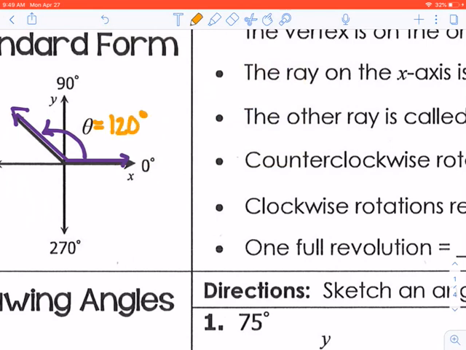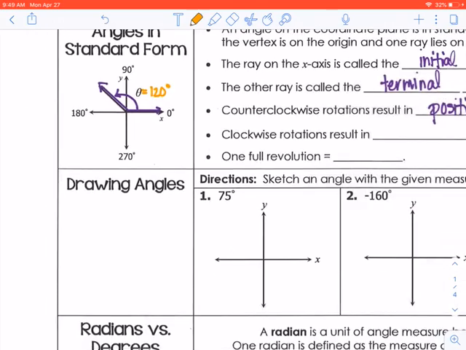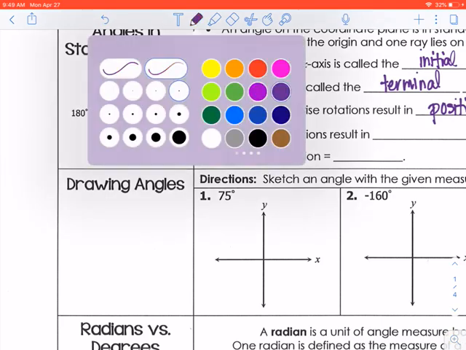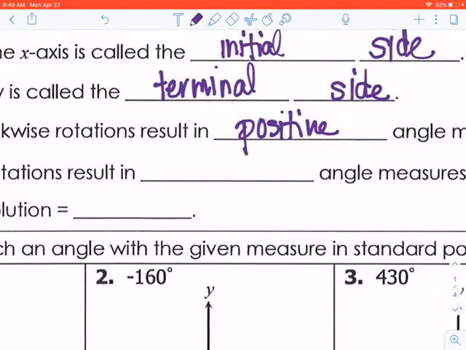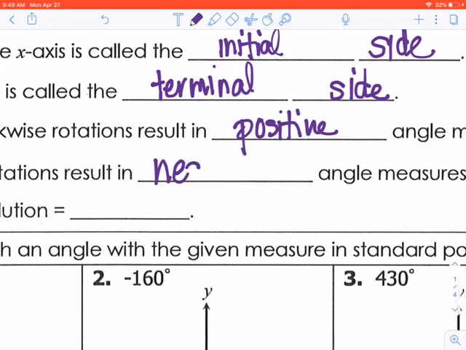Now, if you go clockwise, if I go to the right from my initial rotation, I am going to result in a negative angle. So we're going to start looking at negative angles, and it's basically just where the direction of the angle is going.